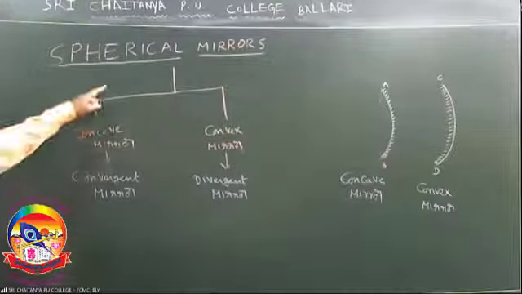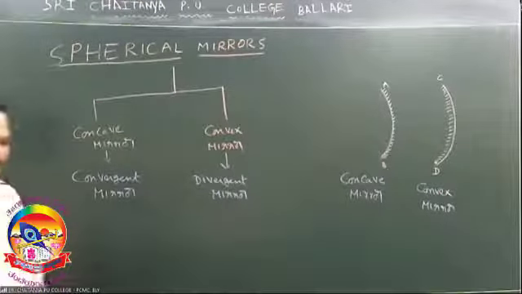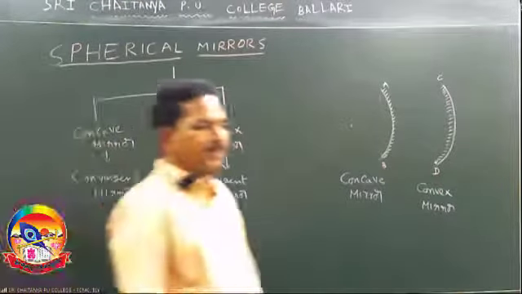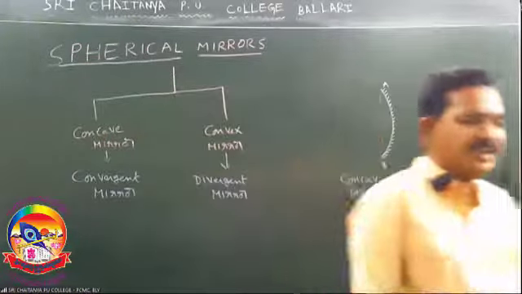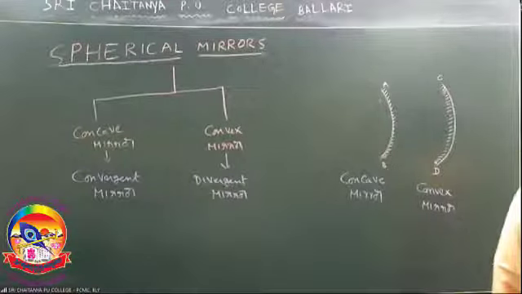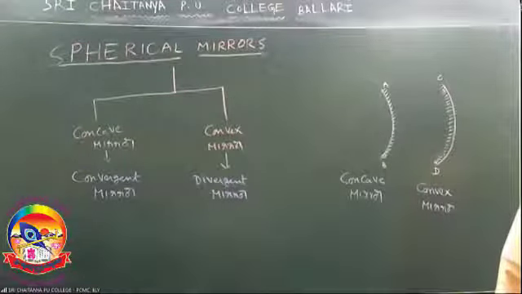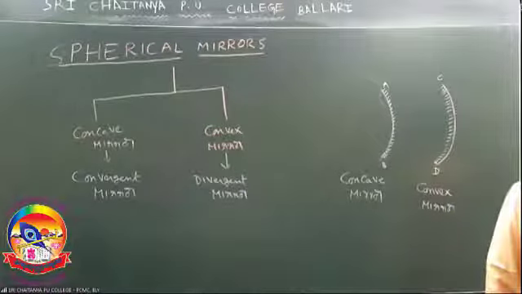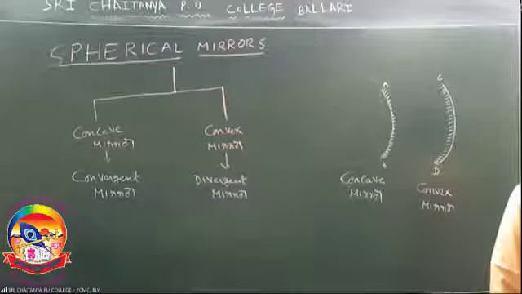A spherical mirror is nothing but a part of a complete sphere in which one surface is polished and the other surface is the reflecting surface. Spherical mirrors are of two types: concave mirror and convex mirror.